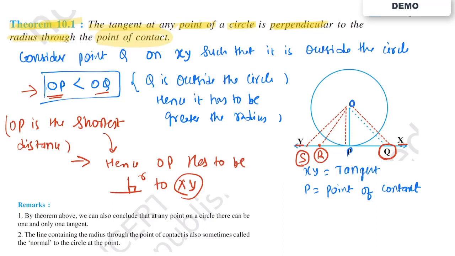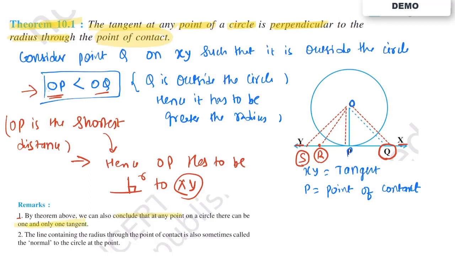And we could conclude two more remarks about this theorem. First one is that, let me use the highlighter, by the theorem above, we can also conclude that at any point on a circle, there can be only one and one tangent.